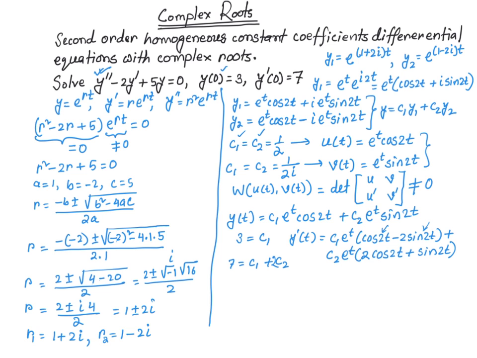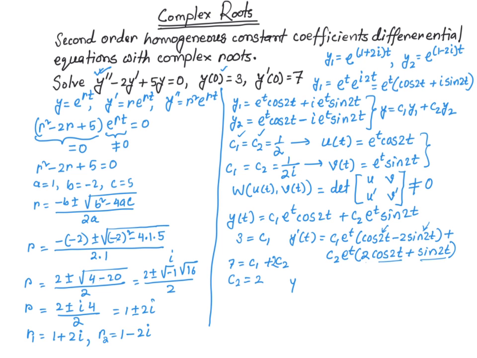Why? c2 is a constant, e to the power 0 is 1, cosine of 0 is 1, so that gives you 2, and sine of 0 vanishes. So this gives me 7 equal to c1 plus 2c2, and if I solve for c2 by plugging in c1 equal to 3, I get c2 equal to 2. So I found c1 is equal to 3, c2 is equal to 2.